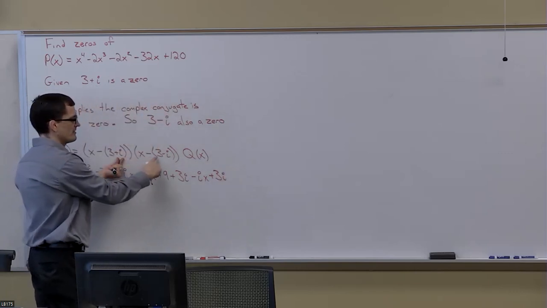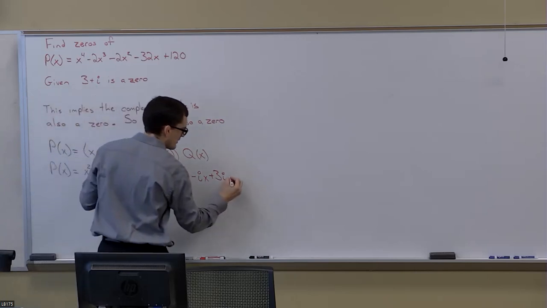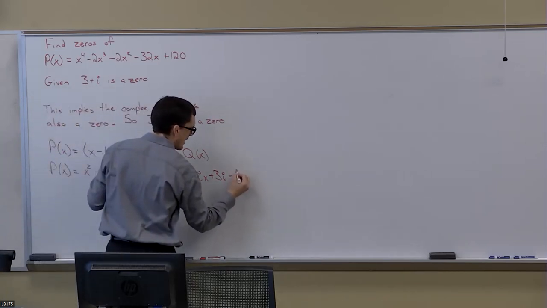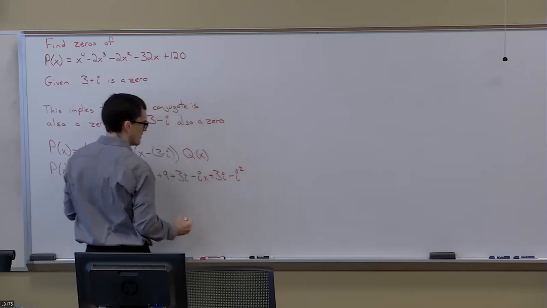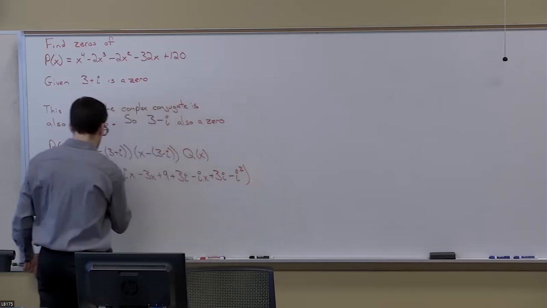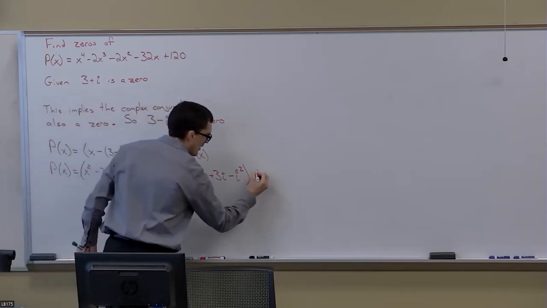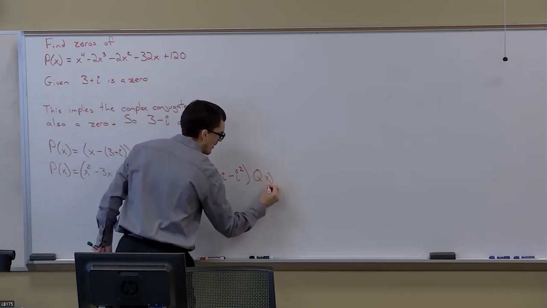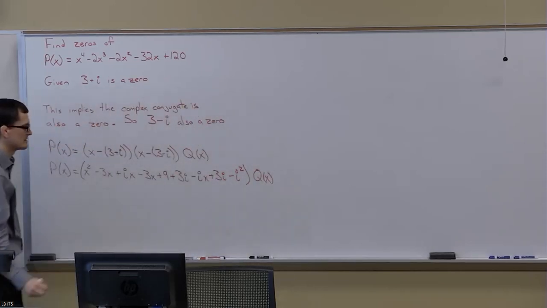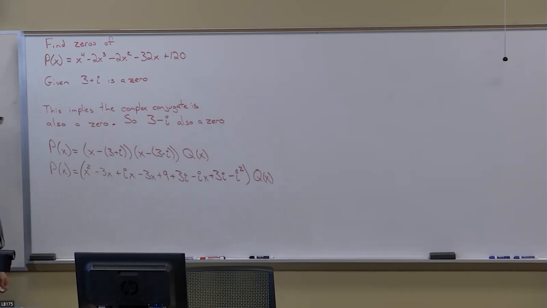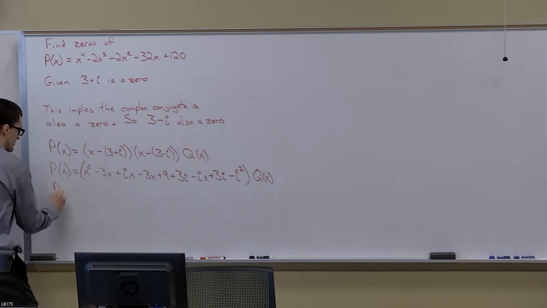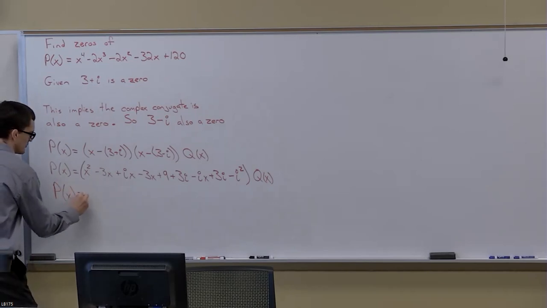Negative i times positive i gives me a minus i squared. Is that okay?